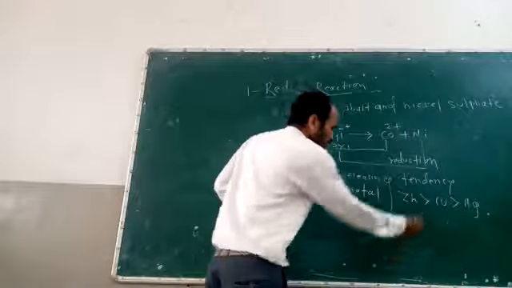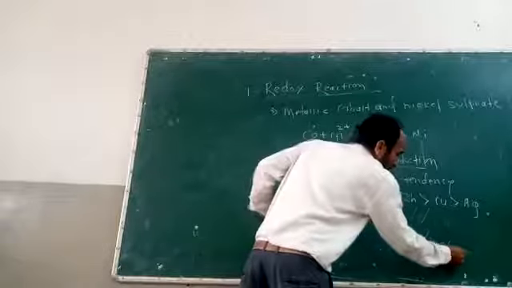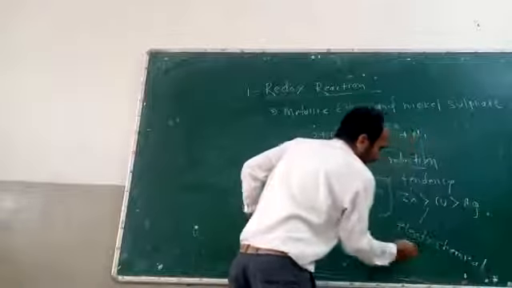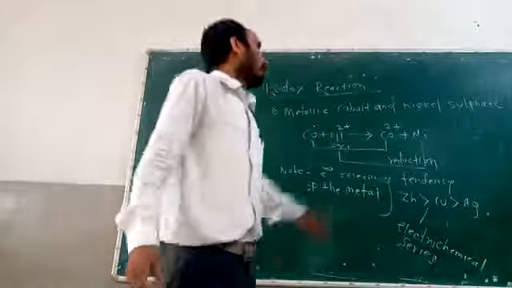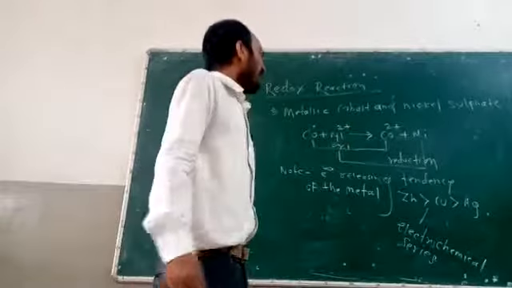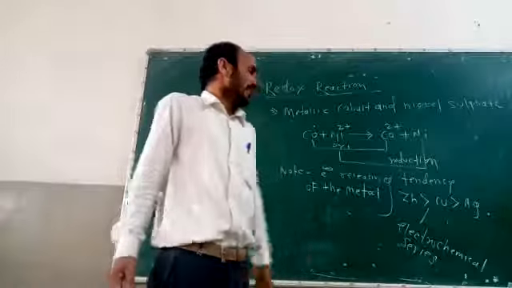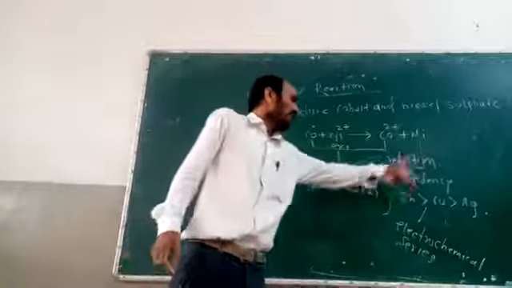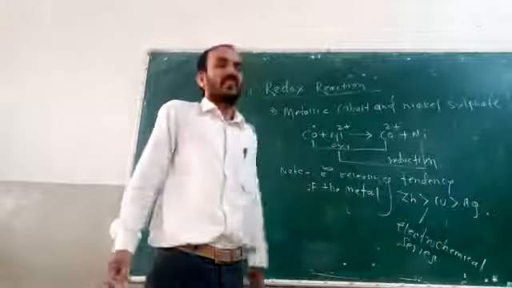And this series is known as the electrochemical series, the activity series, the metal activity series. Zinc first, then Cu, then Ag. This is the reactivity of metals.